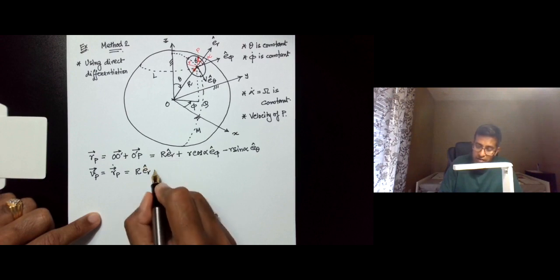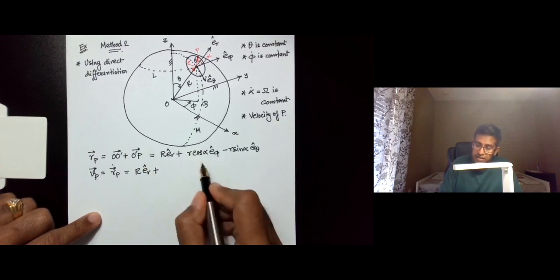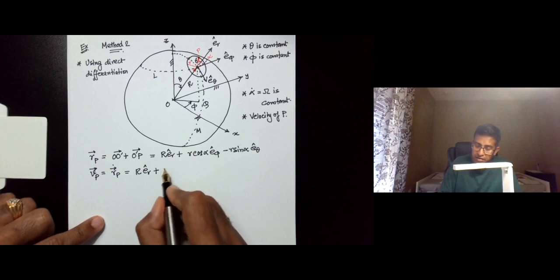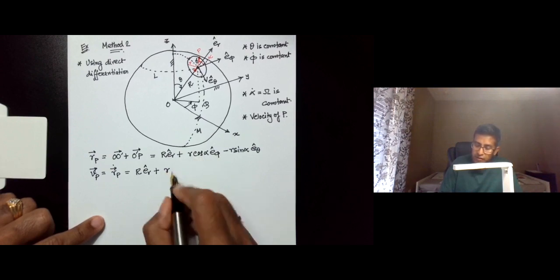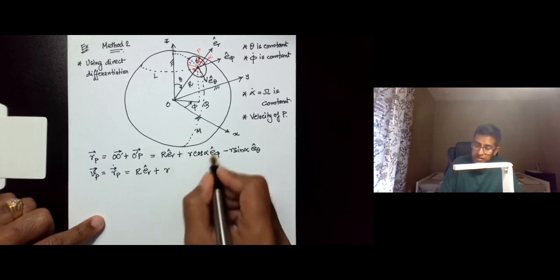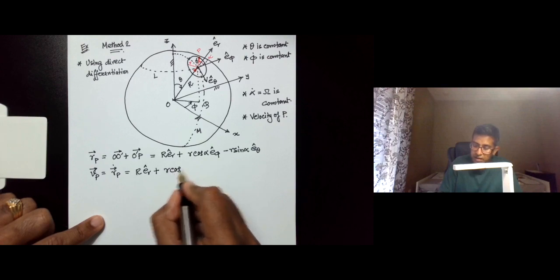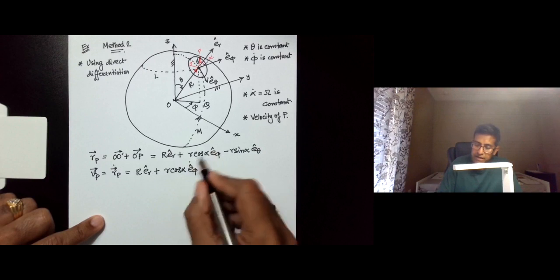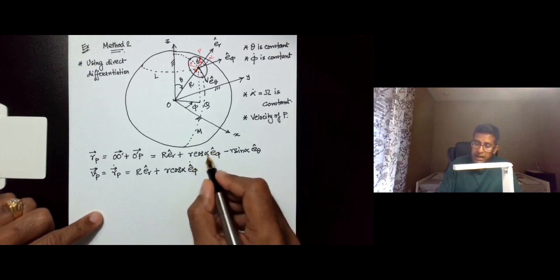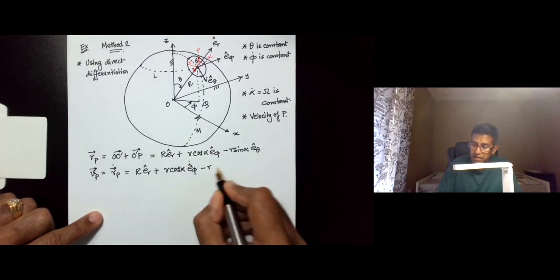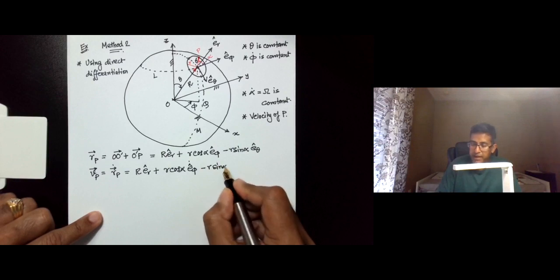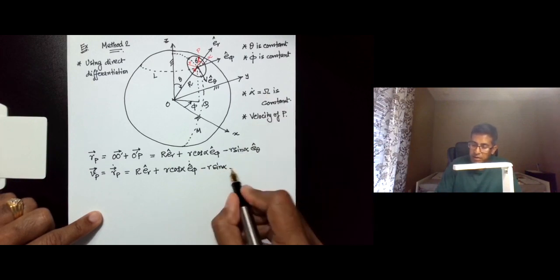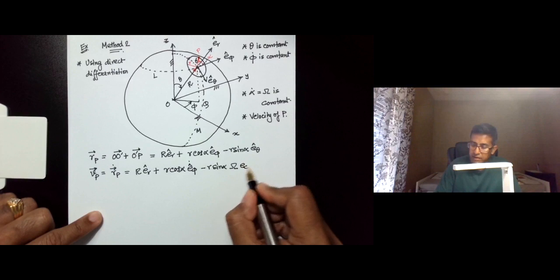So ER dot plus the derivative of this term, but R is a constant. Then the derivative of cosine, well, let's first take the derivative of E phi. So cosine alpha E phi dot, and then let's take the derivative of cosine alpha because alpha is changing, so minus R sine alpha, and alpha dot is nothing but capital omega, and then we have E phi here.